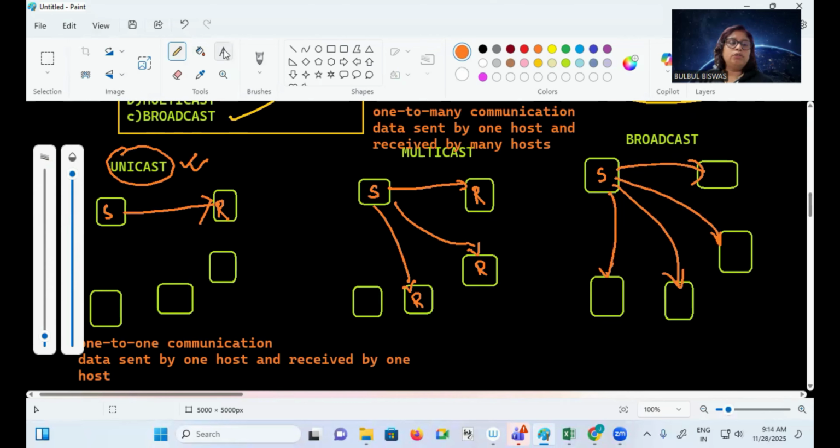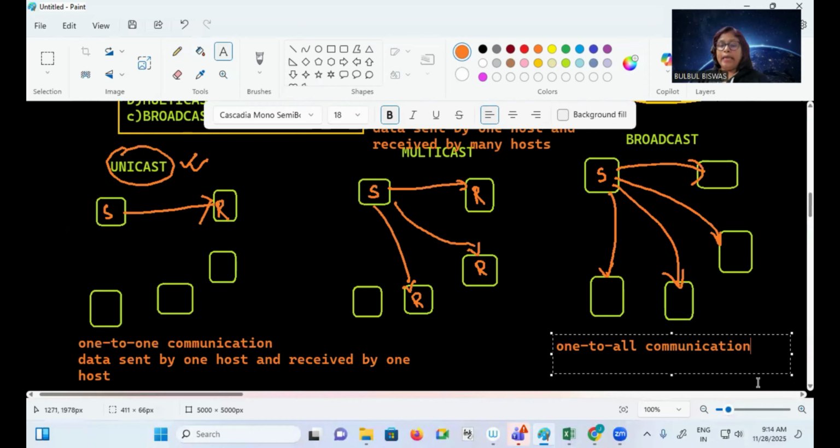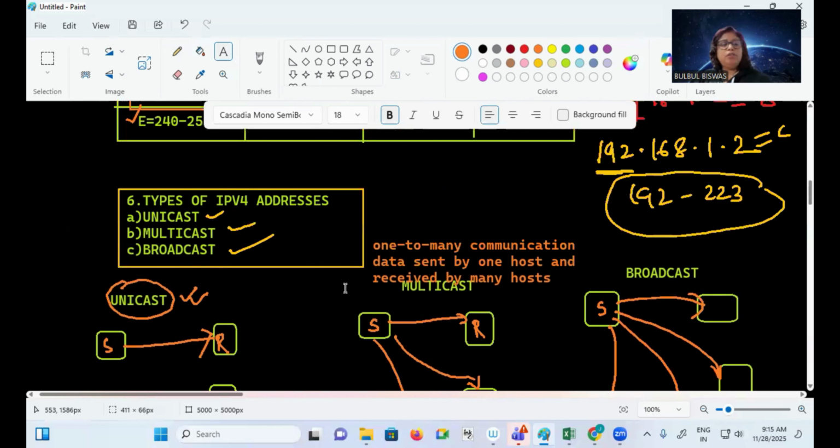Technically we call it one-to-all communication. That means data sent by one host and received by every host in the network is called broadcast communication. For this, broadcast IP addresses are used. So these are the three types of communication, and for these three types, three types of IP addresses are required.